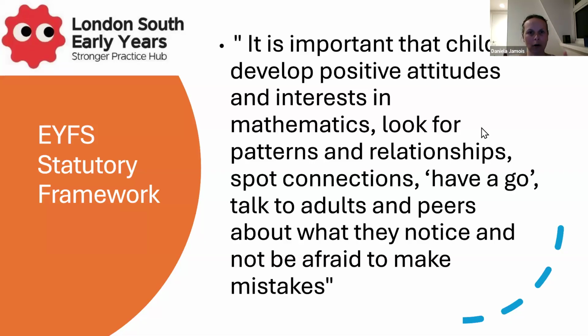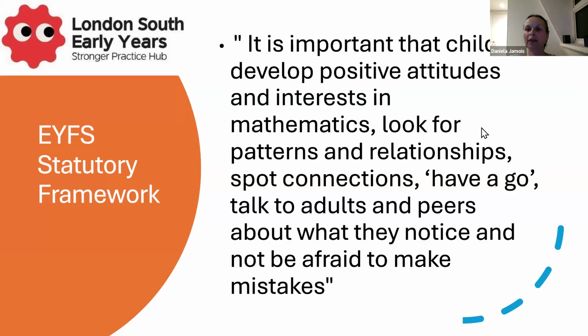So our statutory framework makes it really clear that we need to be facilitating the children's ability to spot connections, see patterns, find them, and develop that understanding of the relationship between different aspects of maths. It might be the relationships between numbers, between different shapes, or between different positions. So we're really looking at all the different aspects of maths and all the different strands.